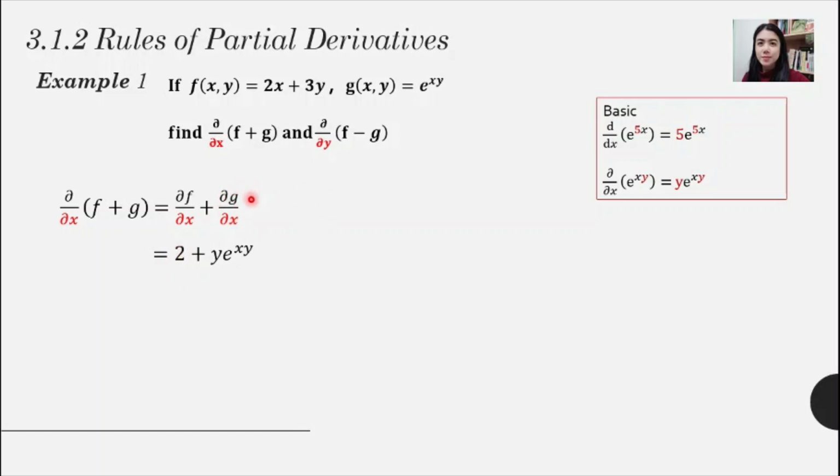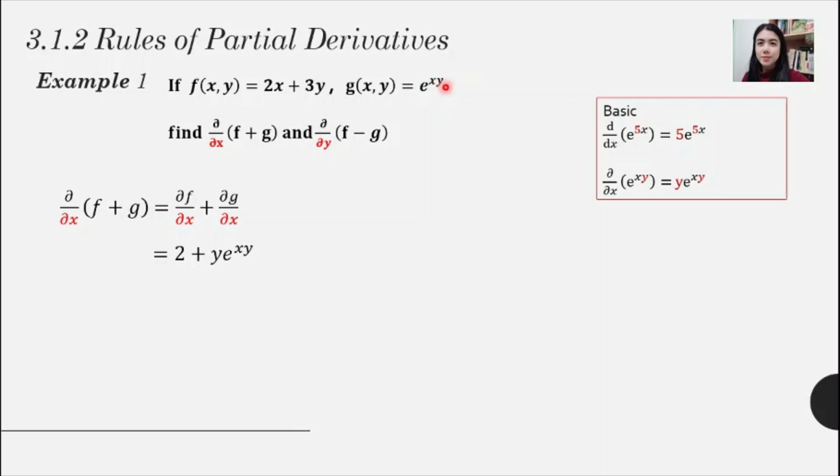The second part, you have del g del x. Okay, so focus on the function g. We're going to differentiate with respect to x. And now we have e to the power of xy. So you focus on the x. y is the constant. So we apply the same concept that we have here. So y is a constant. You differentiate the x, you have 1.